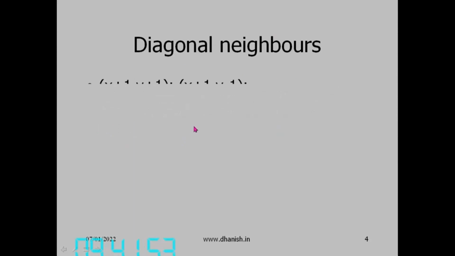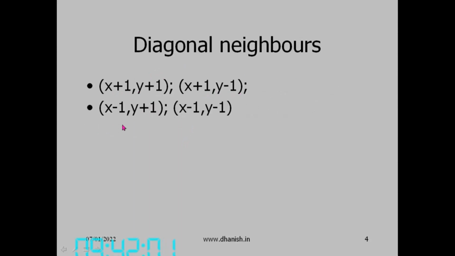Diagonal neighbors. (x plus 1, y plus 1), both are increased. (x plus 1, y minus 1), one is decreased. (x minus 1, y plus 1), one is decreased, one is increased. (x minus 1, y minus 1), both are decreased. These 4 form the diagonal neighbors, denoted by the symbol ND of P. So P is a certain point, and its diagonal neighbors are these.